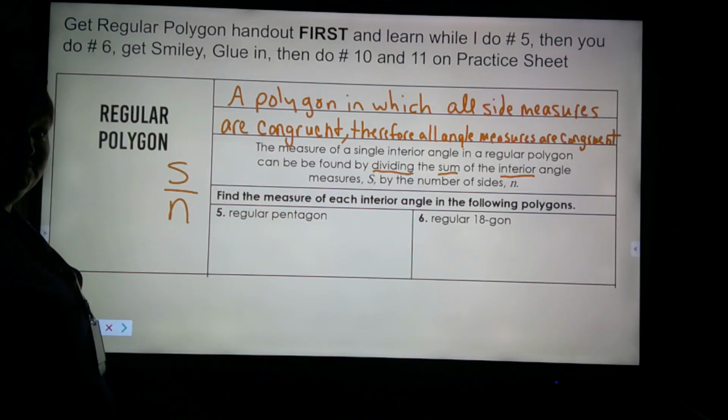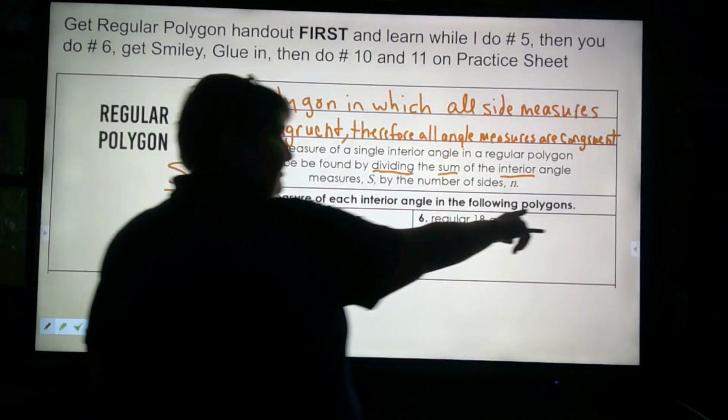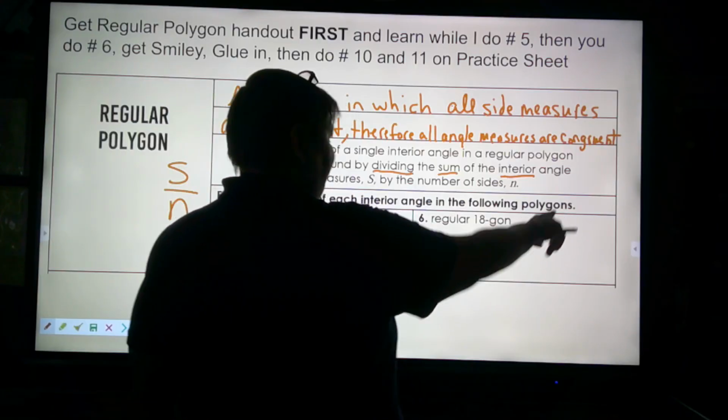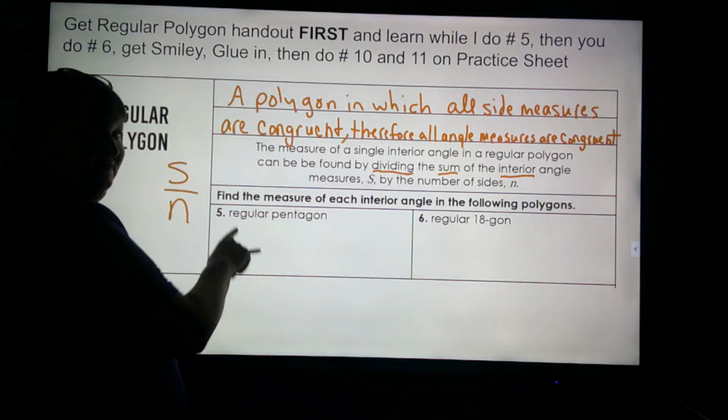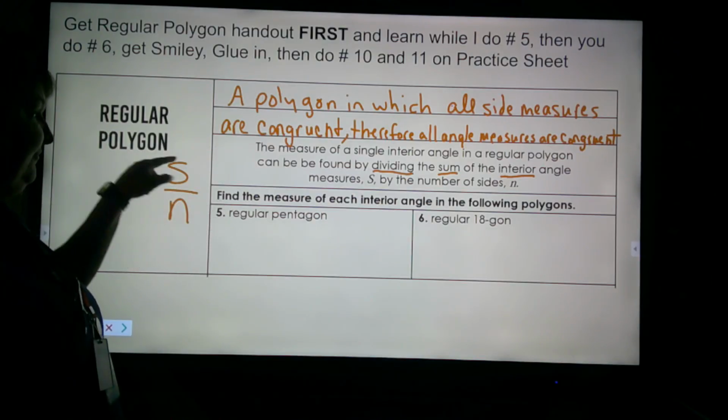That's your equation. So, find the measure of each interior angle in the following polygons. A regular polygon, it tells you it's regular by using the word regular. That means you can use this formula.